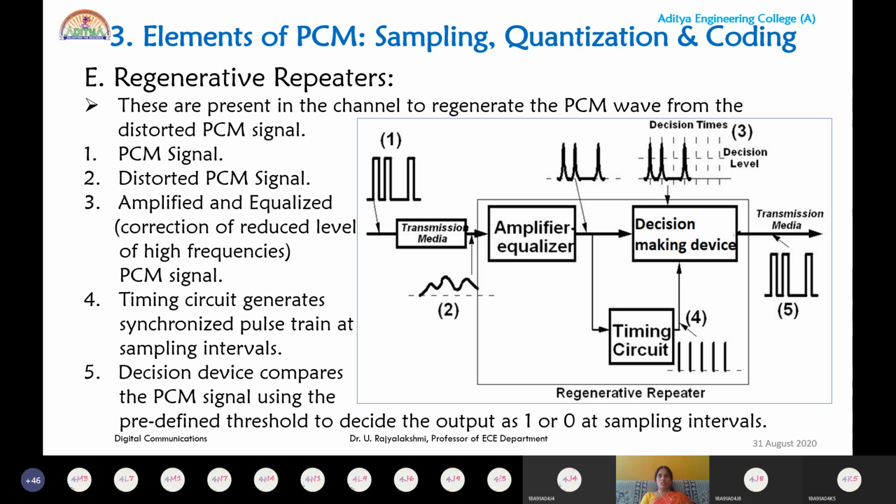So, please, one of you respond. Yes, ma'am. Okay, is this block diagram okay for you? Okay, I will call one of you to explain this block diagram.